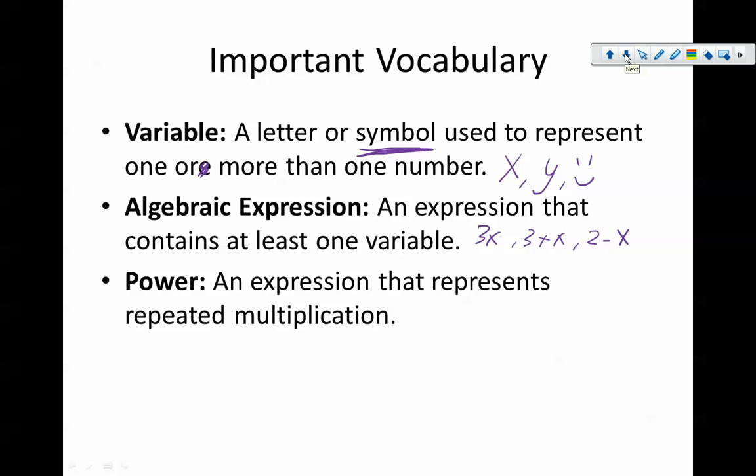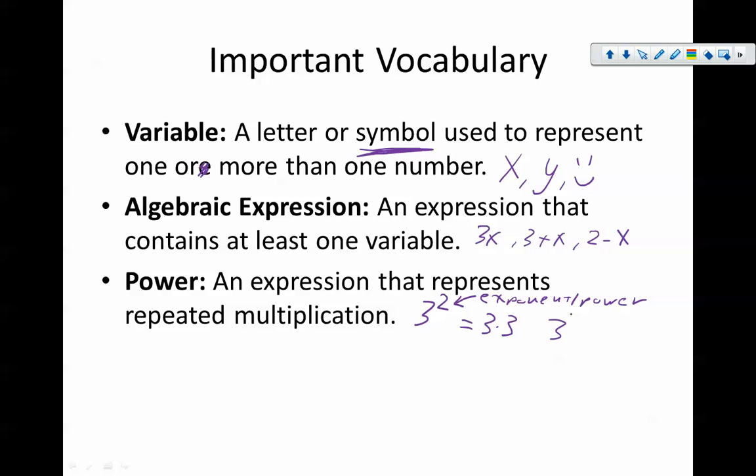Next, we've got a power. A power is an expression that represents repeated multiplication. So if we had 3 squared, remember that that 2 up there is the exponent, also known as the power. And what that says is take 3 and multiply it by itself twice.